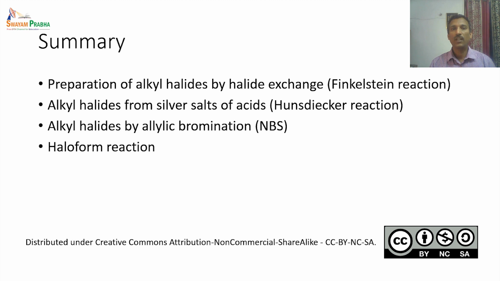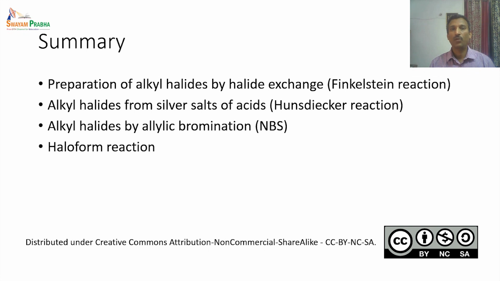The last one is the haloform reaction. This mainly requires that an acetyl group should be present in the starting material. Basically, ketones having CH3 groups, alcohols having CH3 groups, or acetaldehyde can be used to prepare haloforms.